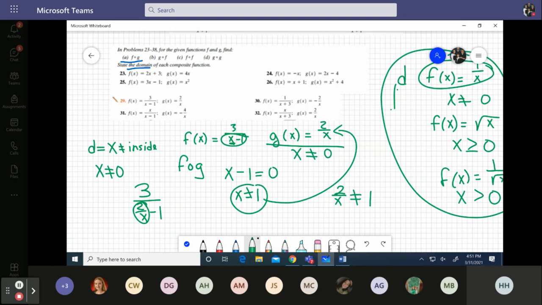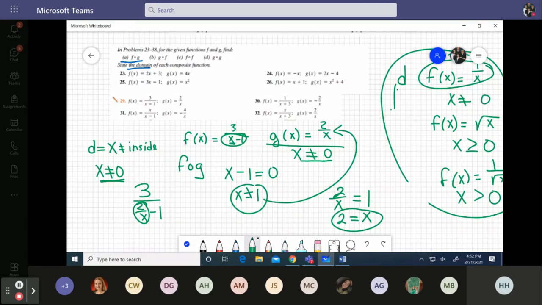So what I got to do is find out what would give me a 1. So I'm going to do 2 over x equals 1, and I'm going to solve. Well, multiplying both sides, I get that x is equal to 2. So my domain goes back to the very first inside function.